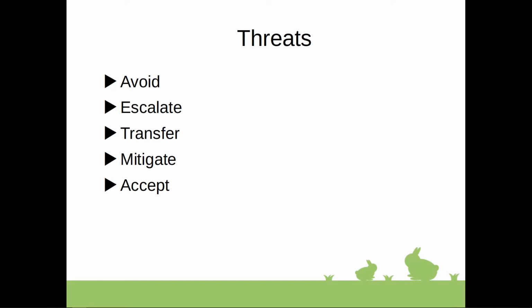Transfer involves shifting ownership of the threat to a third party. It's not the same as escalate, as the third party might still be on the same level of authority as project management and stakeholders, but responsibility will be on the third party. So this third party will manage the risk and bear the impact if the threat occurs.